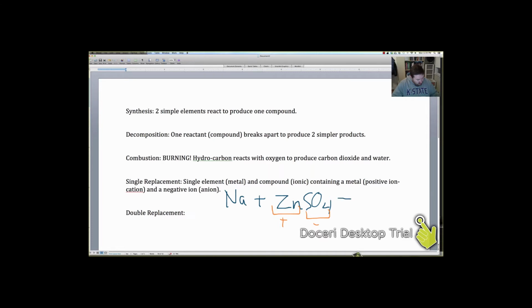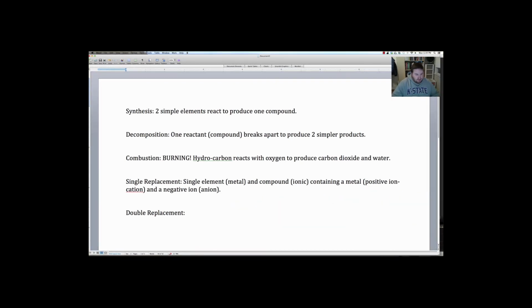And these guys will produce sodium sulfate and zinc by itself, which, depending on what the problem is, just based on those reactants, you might have to tell me those products, or I might give you both reactants and the products, and you have to recognize that this is a single replacement reaction.